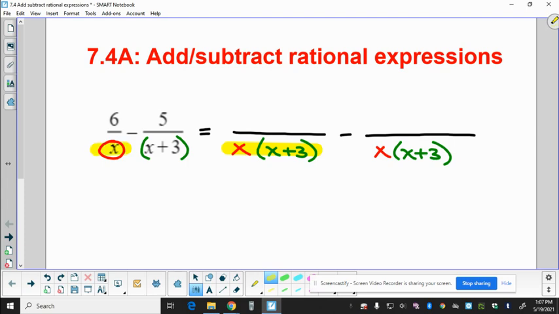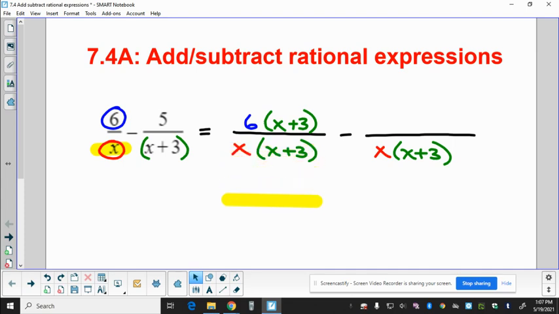What do you see that's different? Well, we see that the x plus 3 is different, right? So what we want to do then is we want to take this 6 right here and we want to multiply it by x plus 3.